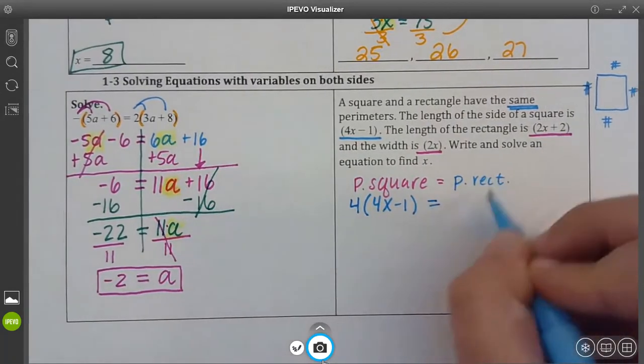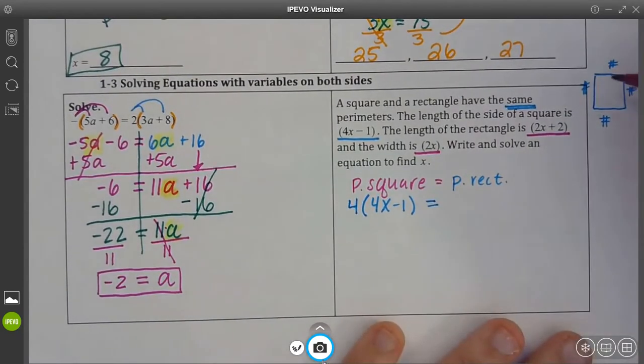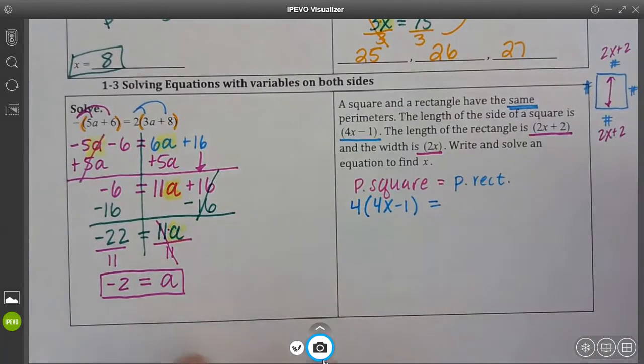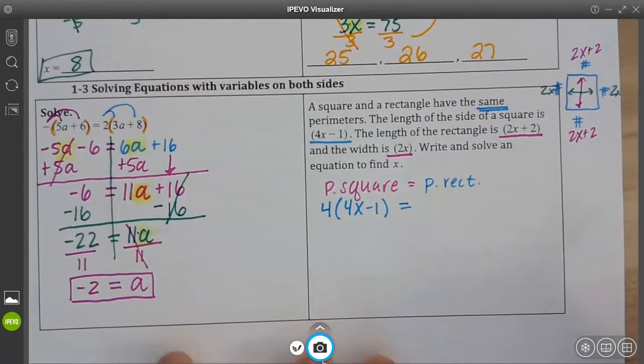Now, for my rectangle, it's not as simple as that, because we know rectangles have a length and a width. So we have two sides of the shape would be 2x plus 2. And then the other two sides, they tell us, are just 2x. So I'm going to label this rectangle here, 2x and 2x.